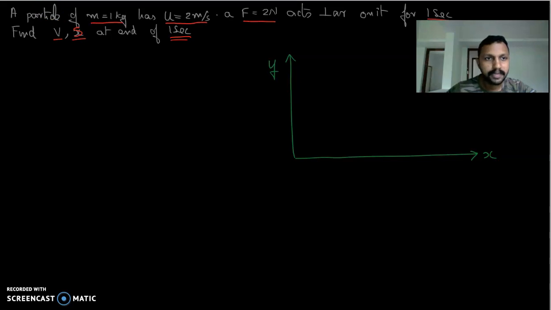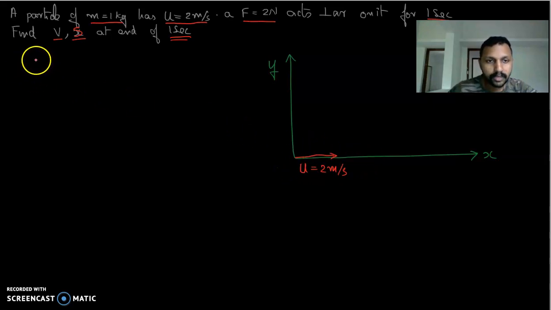Let me take the substance moving in this direction, with a velocity of u equal to 2 meter per second. Therefore, we are assuming that the initial velocity is in x direction.